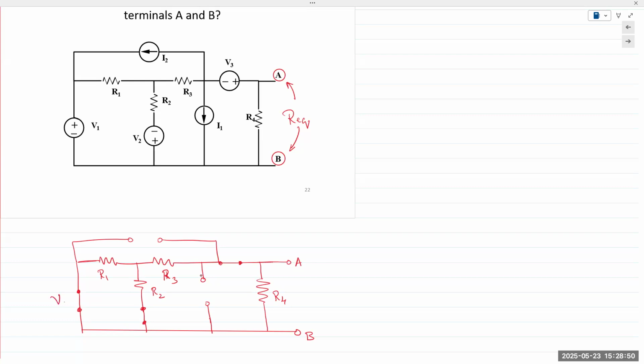So this is where V1 was connected. This is where V2 was connected. I1, I2, and V3. Let's take a pause while you think through this and let me know if you have any questions. Any questions?